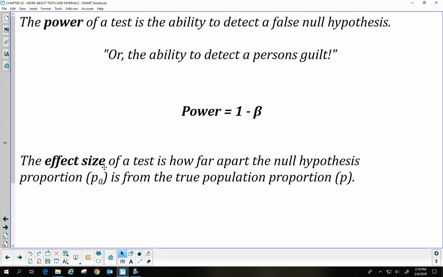And then the effect size of a test is how far apart our null hypothesis proportion, the p0, is from the true population proportion, which of course we don't really ever know. The further they are away, the bigger the effect.